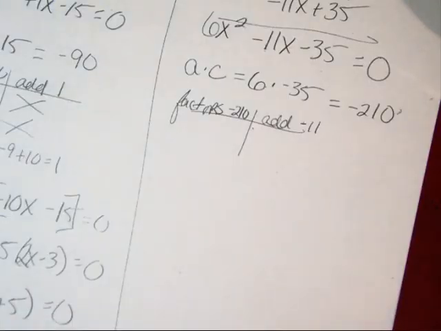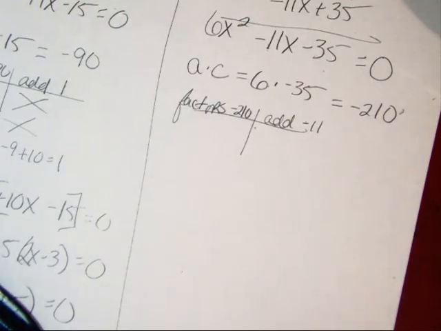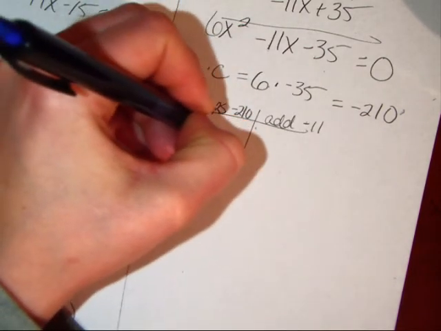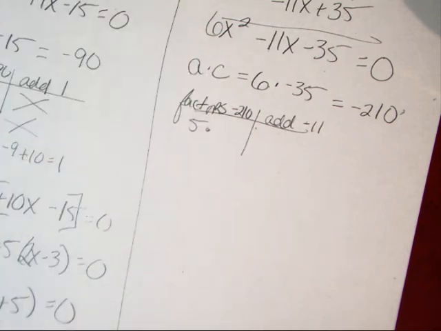Okay? So factors of 210, oh geez. Well, we could do like 2 and 105, but that's not going to work. We could do 5 times something maybe. 5 times, I don't know, 42, I think.